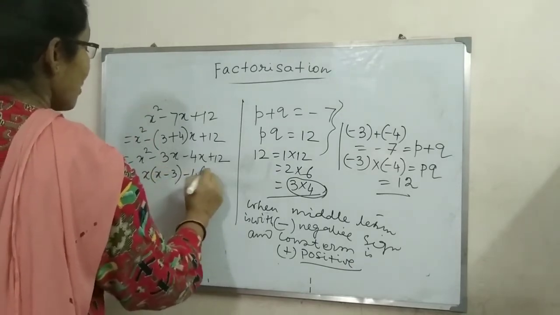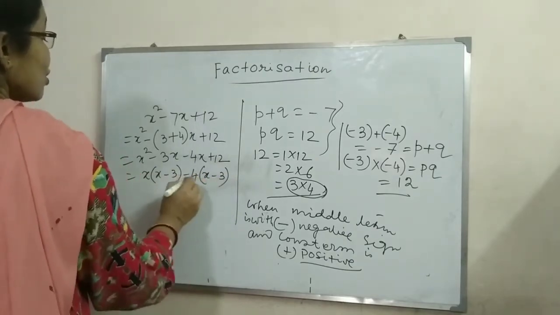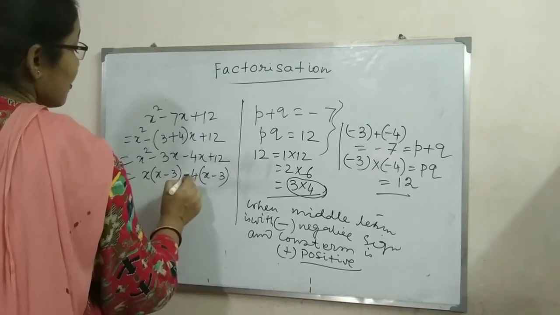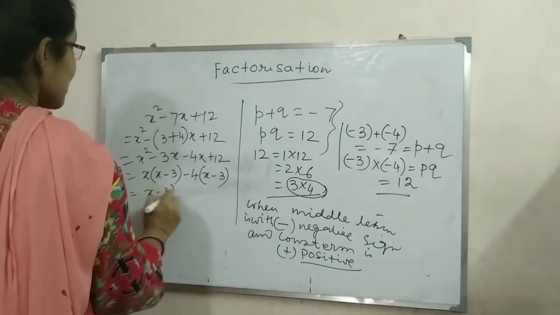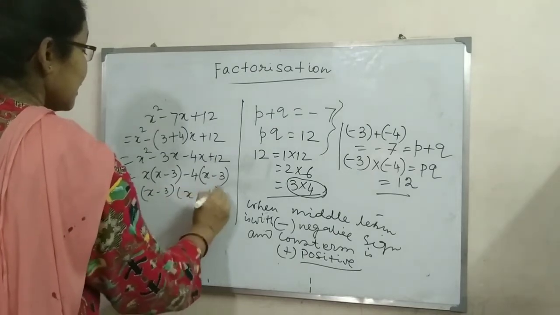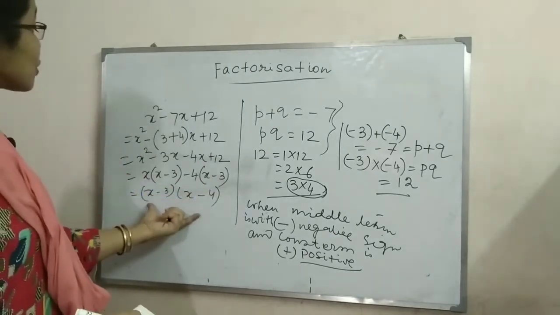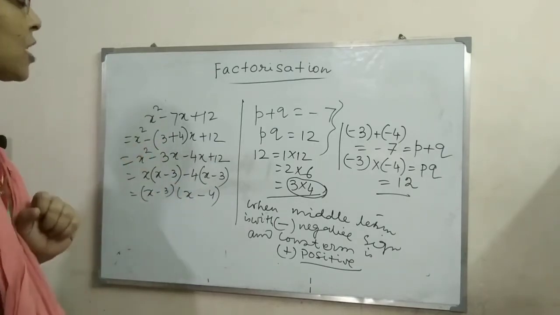Minus 4 is common from here and the bracketed portion is the same, that is x minus 3. So x minus 3 is common from here, and the remaining portion is x minus 4. These are the two factors of this expression, x minus 3 and x minus 4.